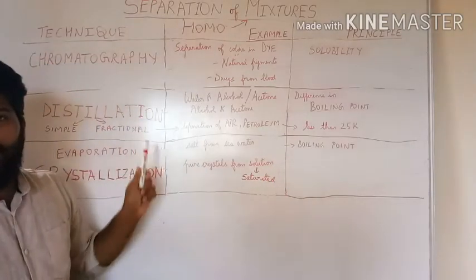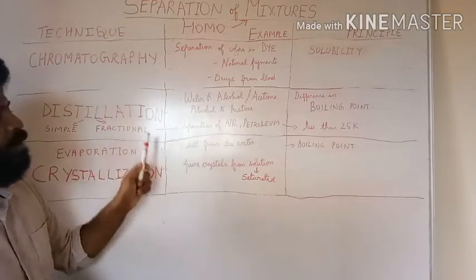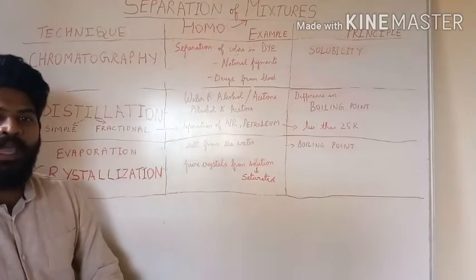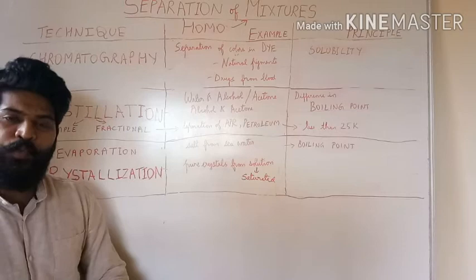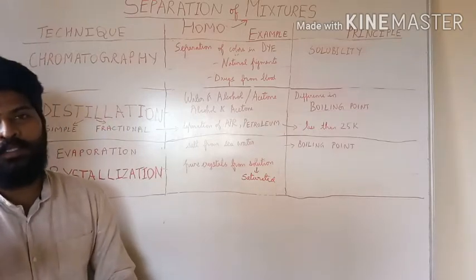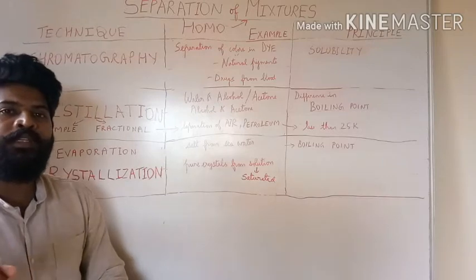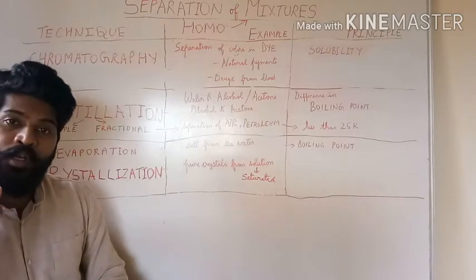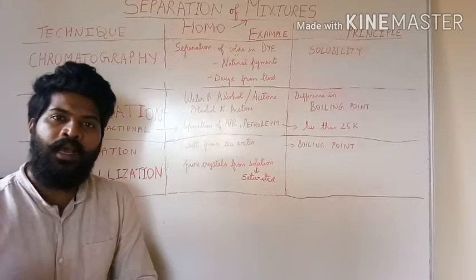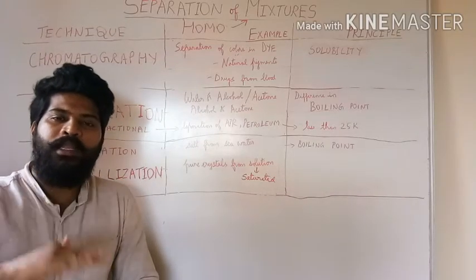The next technique is distillation. So distillation technique can be used when both are liquids, that is the solute and the solvent, both are liquids and both are miscible, which means that they are completely soluble in each other.